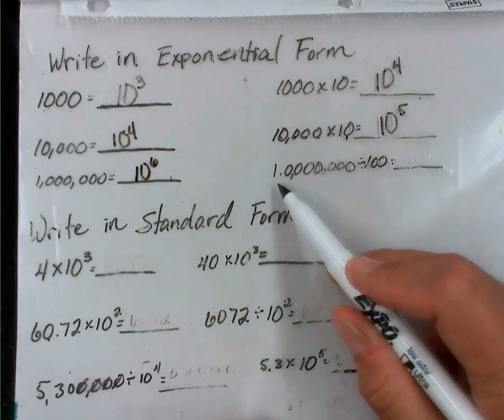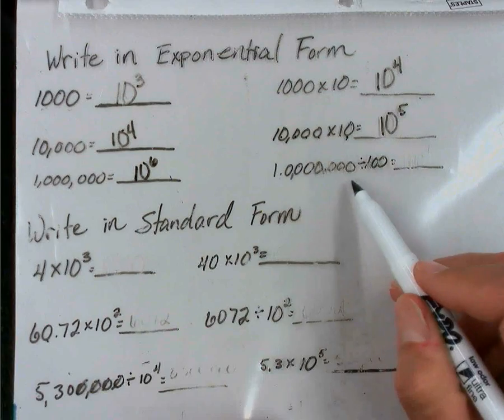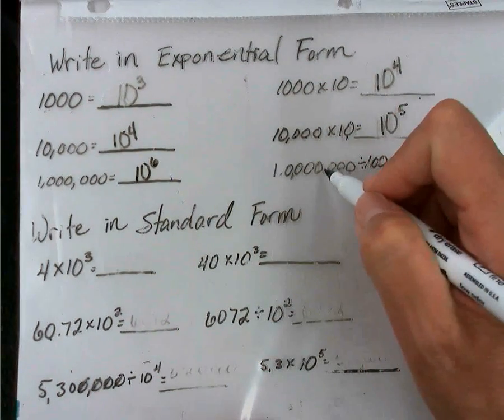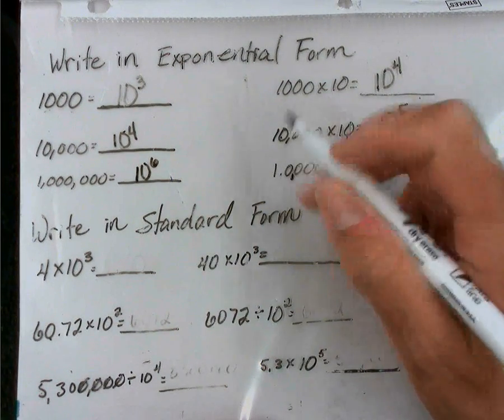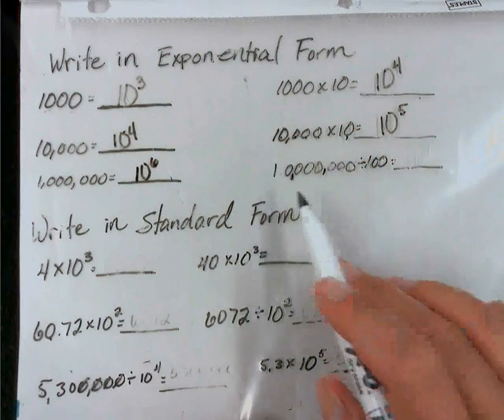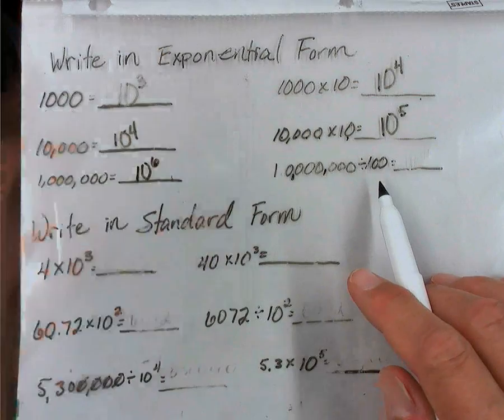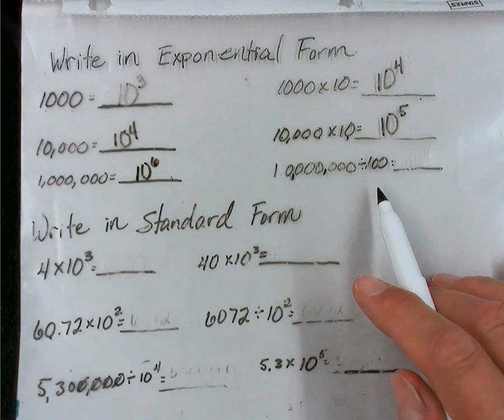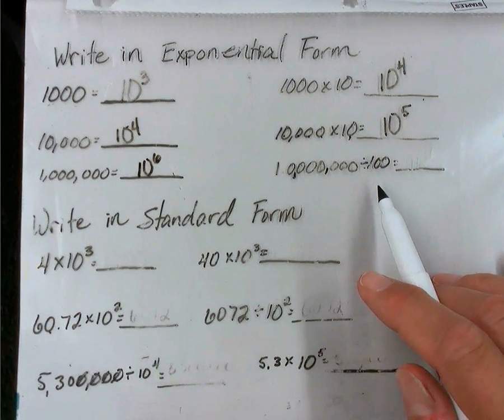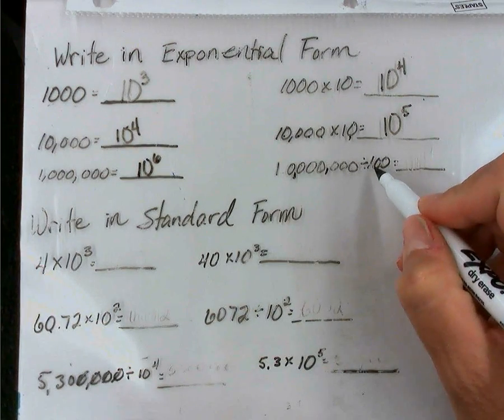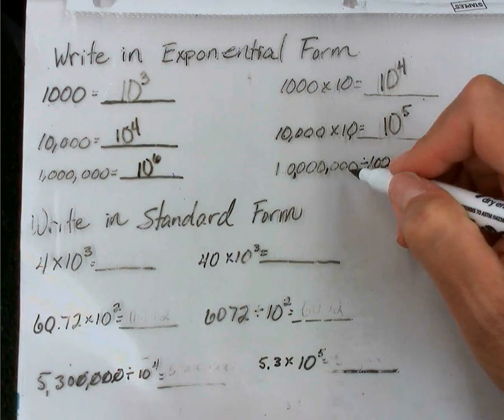Here what we're looking at is we've got 10 million. I can darken up my commas here a little bit. Take out that decimal. You've got 10 million here, and you are dividing it by 100. So if you're dividing it, it means it's going to reduce the place values that are in the number. If you're reducing it by 2 places, you can cross those out.